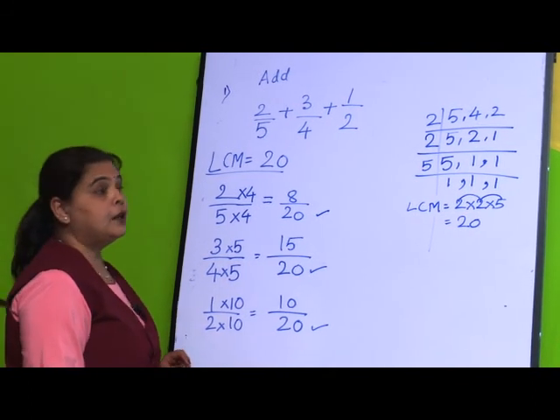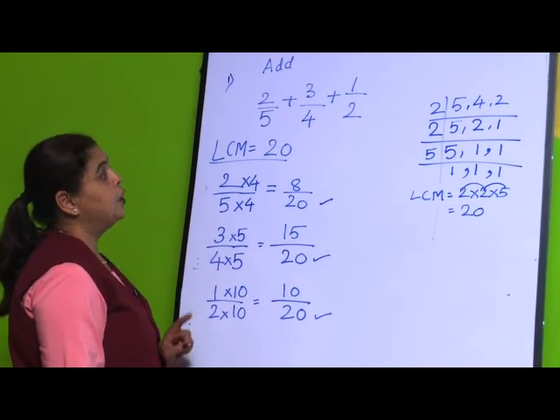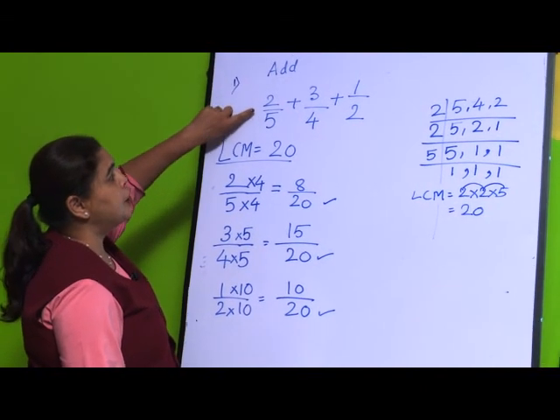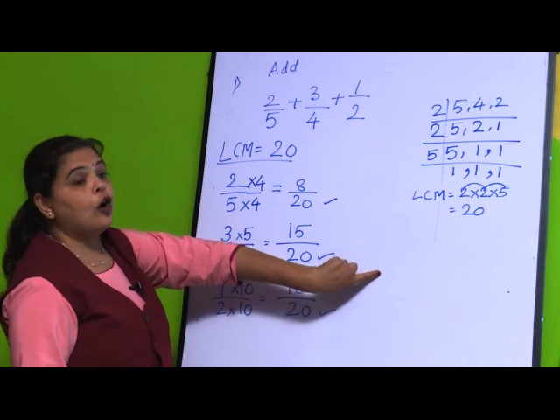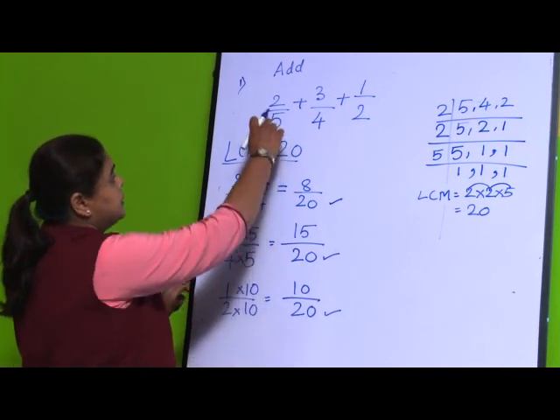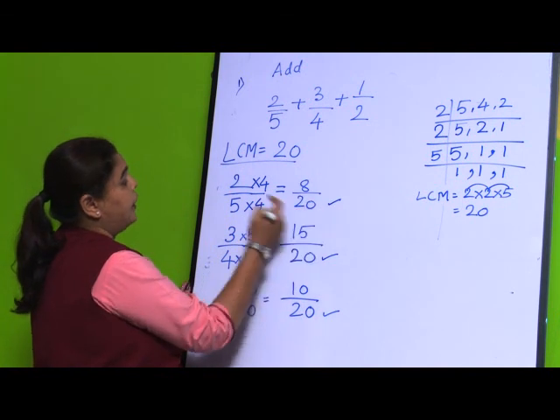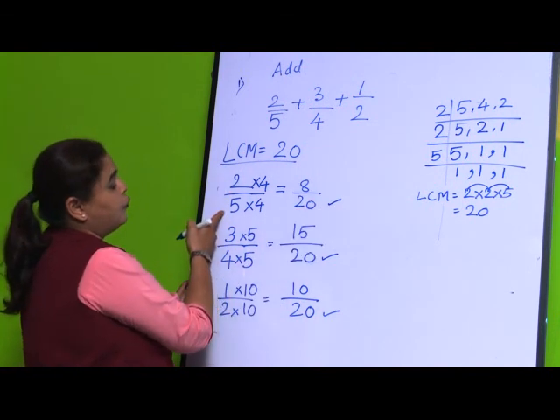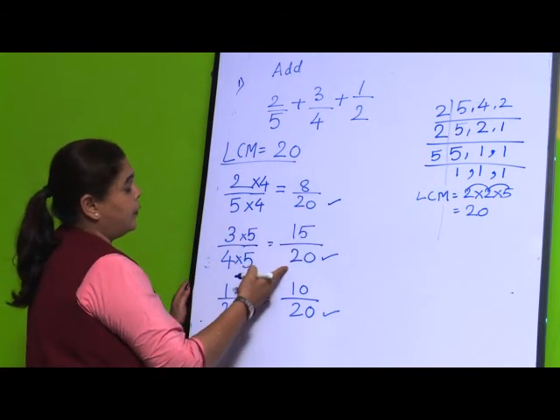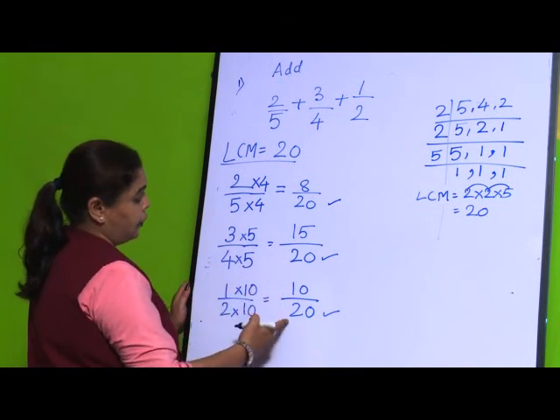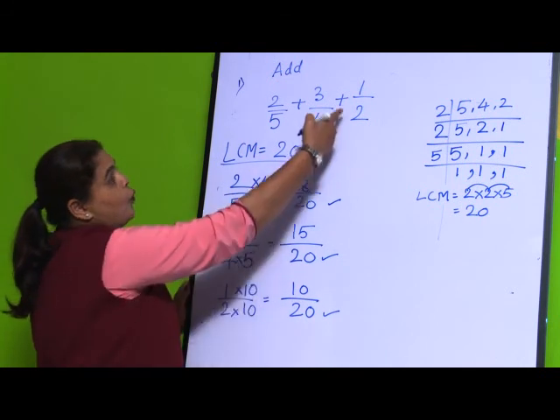Now when the fractions are like fractions, you can do any operation. Now we have addition, so we will do the operation of addition. The results we got are 8 upon 20 for the fraction 2 upon 5, 15 upon 20 for 3 upon 4, and 10 upon 20 for 1 upon 2.